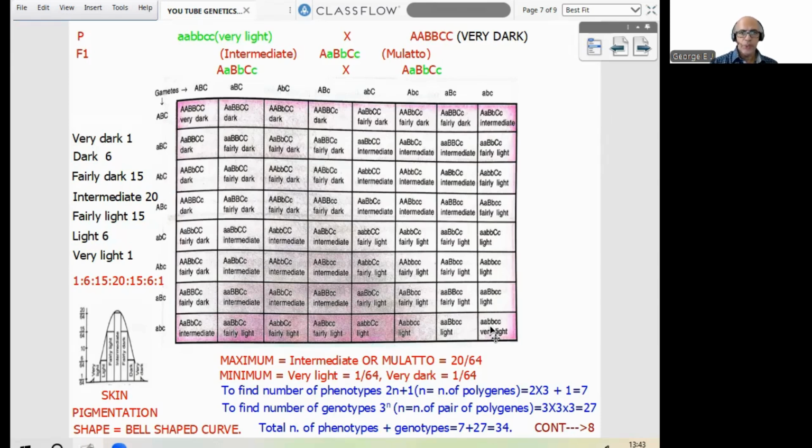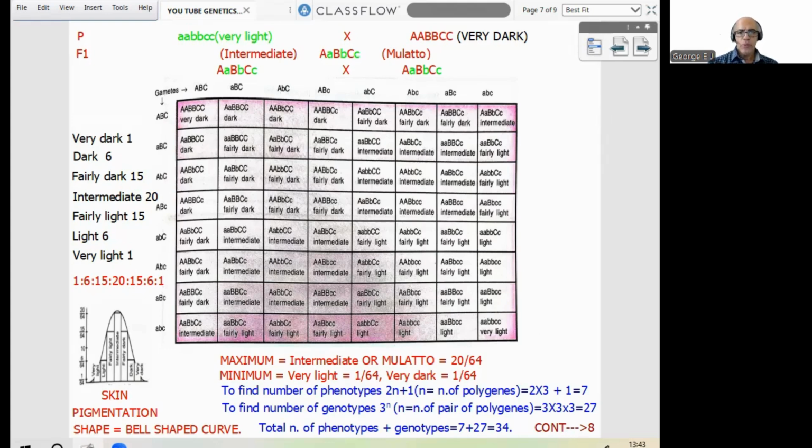To write the checkerboard, there is no difficulty, just combine. Very dark will be only 1, dark will be 6, fairly dark will be 15, intermediates will be maximum with 20, fairly light will be 15, light will be 6, and very light will be 1. So intermediates are maximum and the two extremes are minimum, 1 each, so total 2 out of 64.